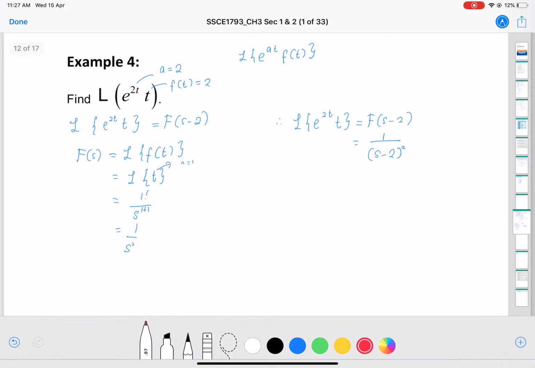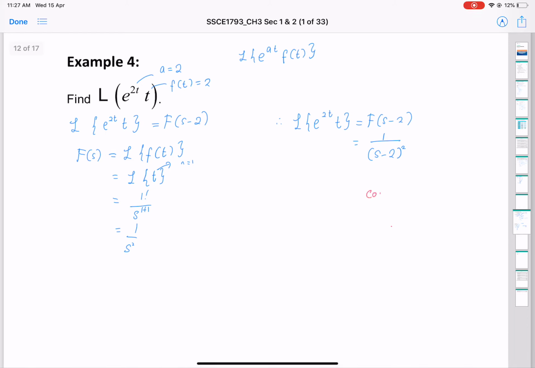Let me show you a common mistake that students always made before. Common mistake is when you put Laplace of exponent 2t multiplied by t equal to fs minus 2 equal to 1 over s square minus 2.